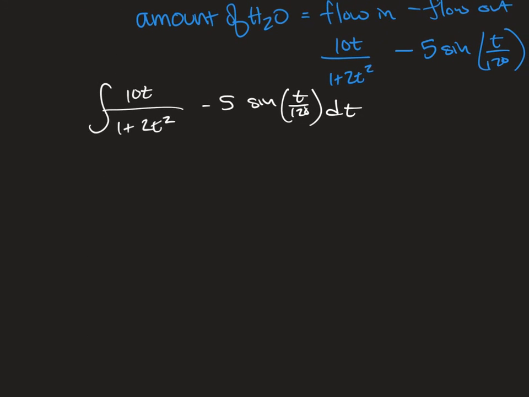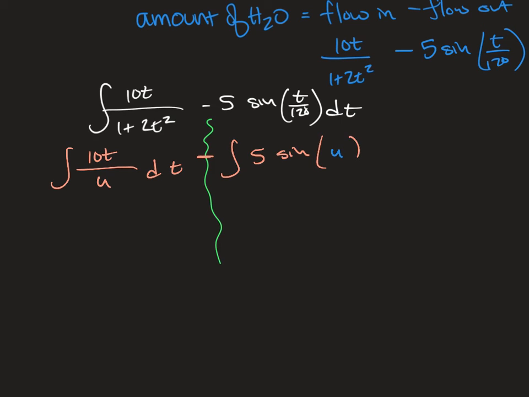Just like I did in that other problem, we're going to split this into this half and that half. So over here, we're going to have the integral of 10t over u dt, and then we're going to have minus the integral of 5 sine of u, although I'll make it a different u, so we know that we're not dealing with the same thing, dt.